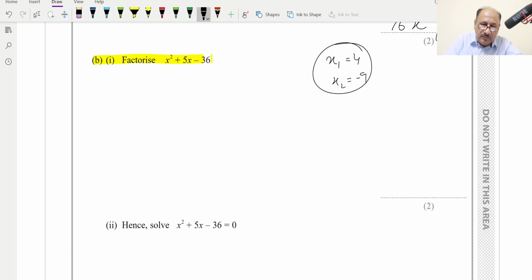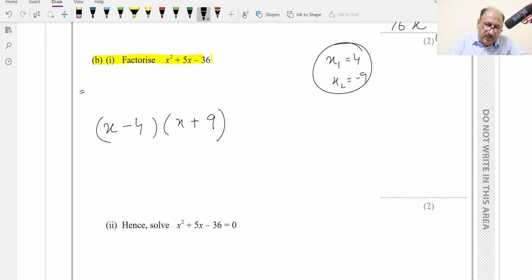These two values we will be using. I'll keep the gap and then write x minus 4 and x plus 9. If we multiply this, x into x will be x square, x into 9 will be 9x minus 4x, which results in 5x, and minus 36.